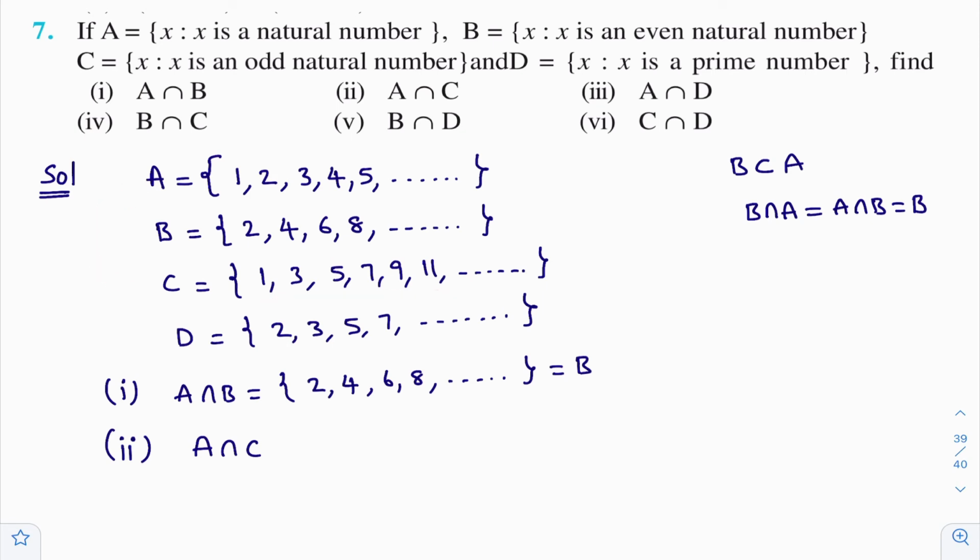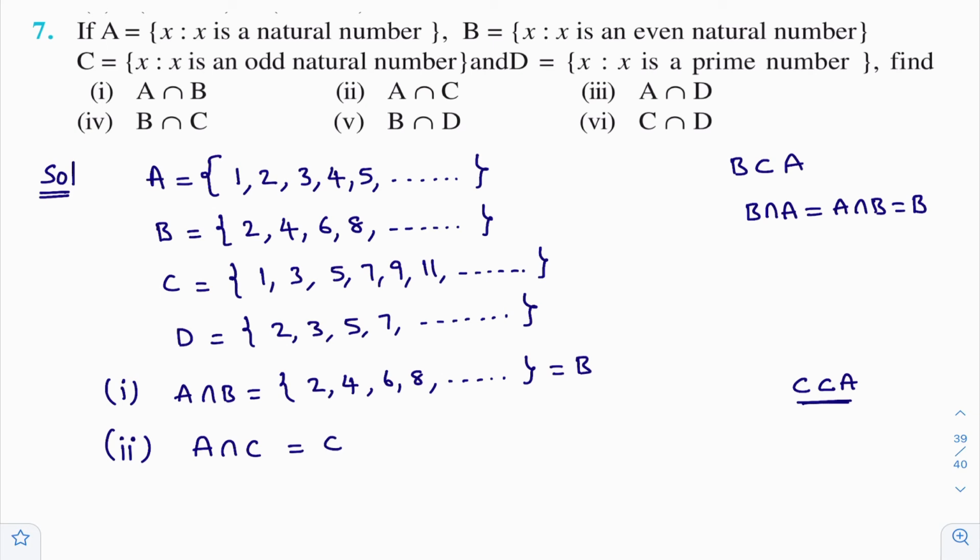In this case, clearly we can say that C is a subset of A. A is the bigger set, C is the smaller set. So when we do their intersection, A intersection C, we will get the smaller set. What is the smaller set? C. When we do their union, you will get the bigger set, right? So A intersection C, directly you can say, as C is a subset of A, is C only.